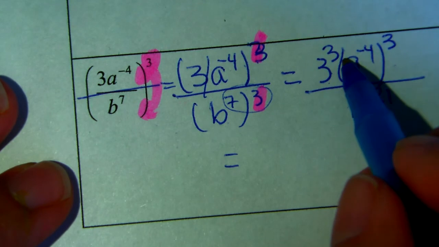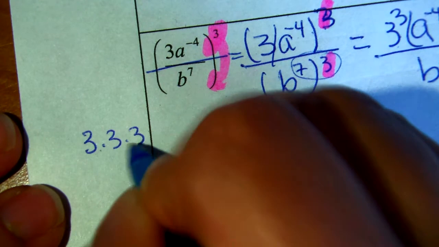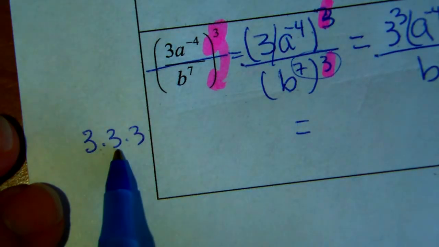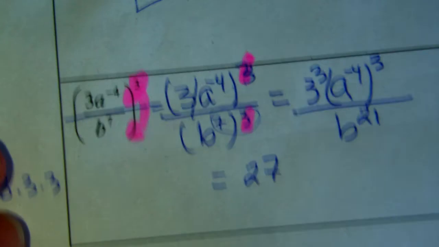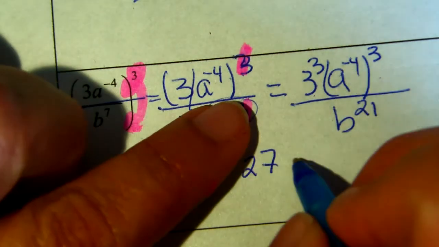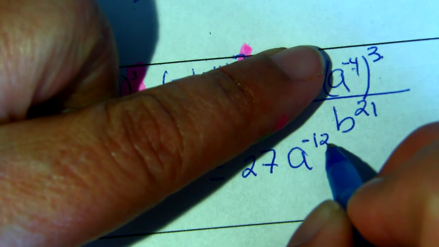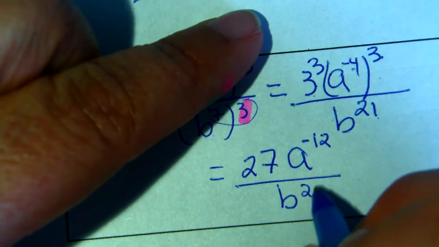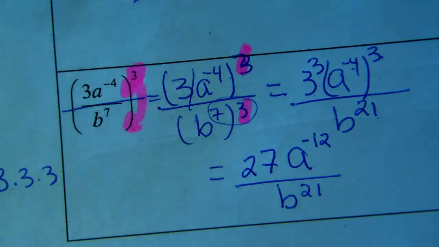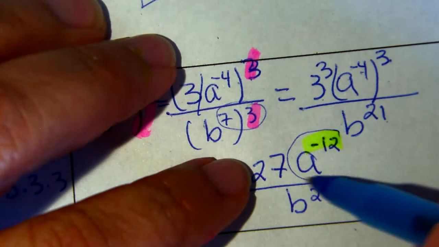What is 3 to the power of 3? It's like having, I'm going to write it over here, 3 times 3 times 3. 3 times 3, 9. 9 times 3, 27. So this gives me 27. And then on the a, negative 4 times 3 gives you negative 12. Everything divided by b to the 21. But we have a negative exponent right here. We don't want negative exponents. What do we do with this whole thing?